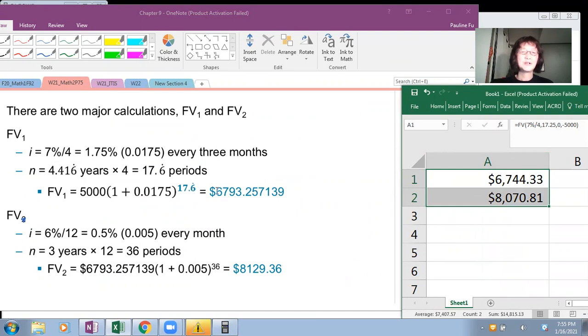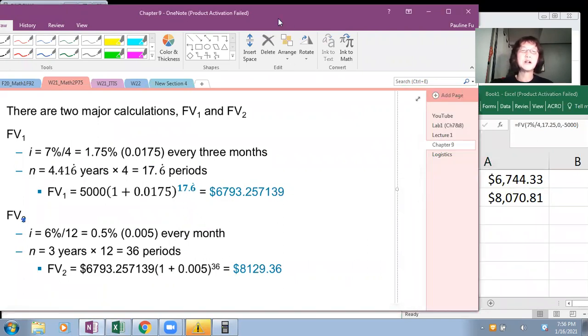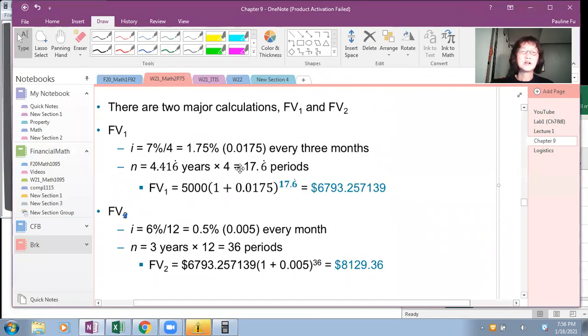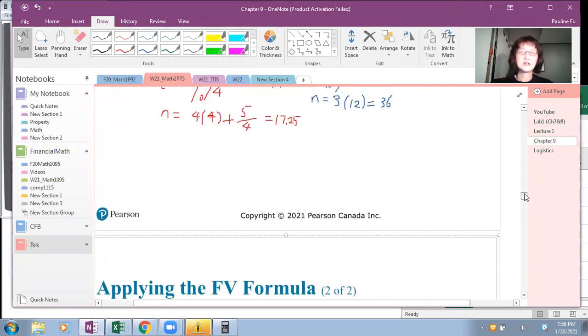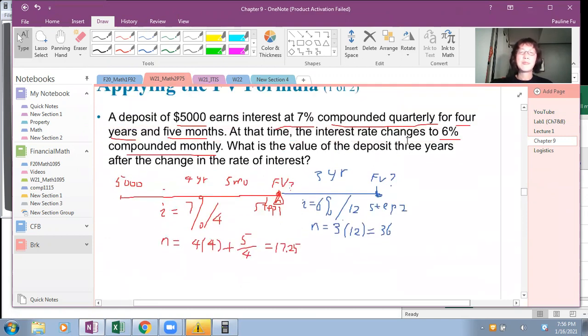I guess when they do this formula method, so I'm going to check here, 17.6. Oh, they get 17 point something. The term N, I have to double check here. I'll double check term N in step 1. So 4 years, 5 months equal to how many quarters?